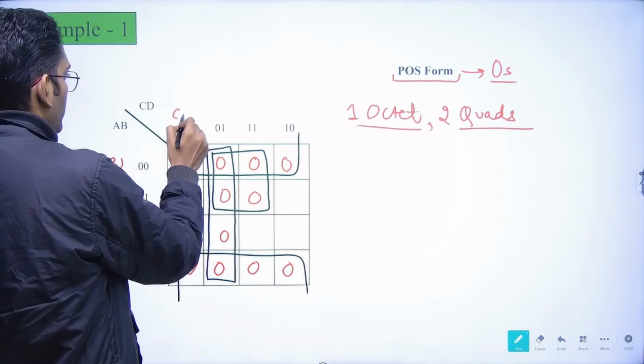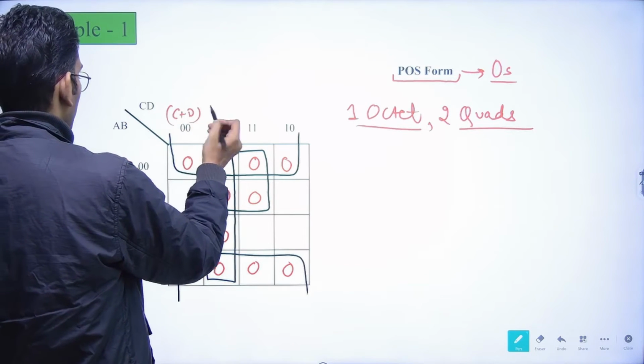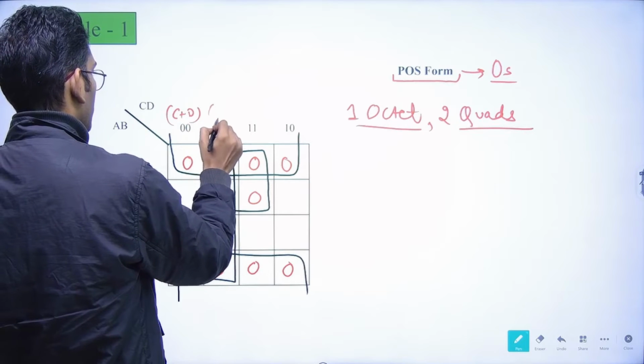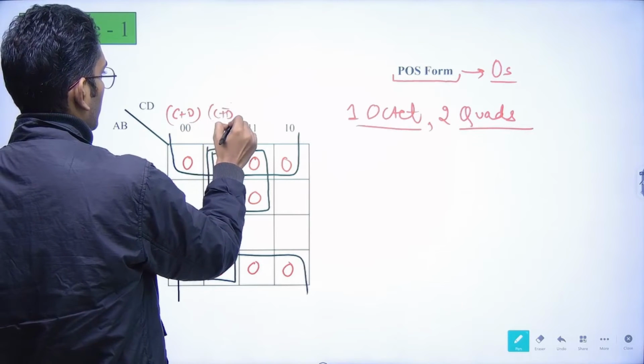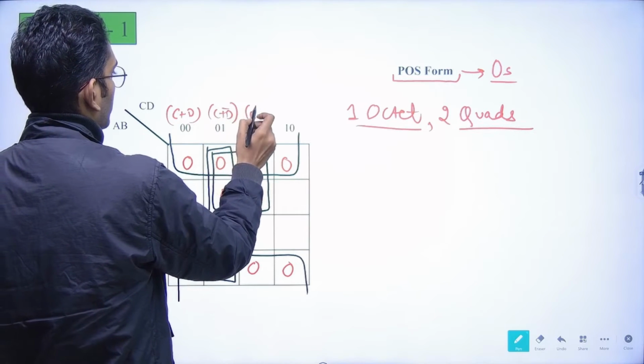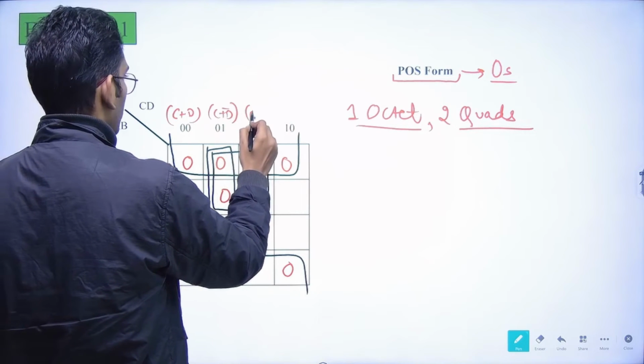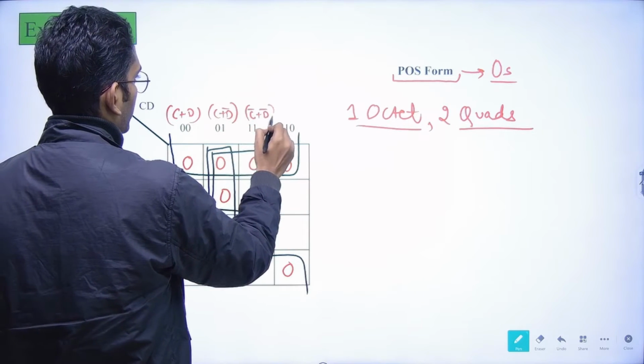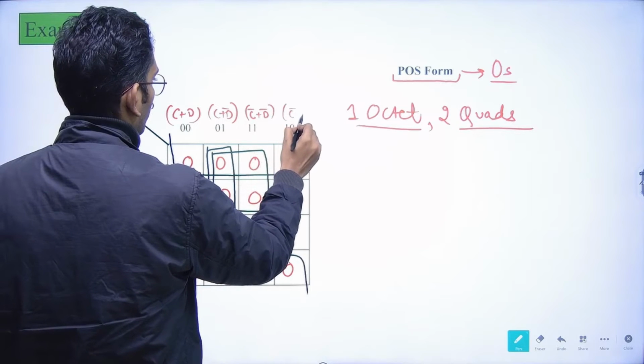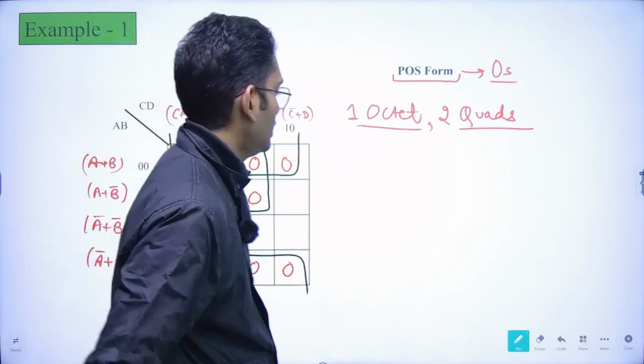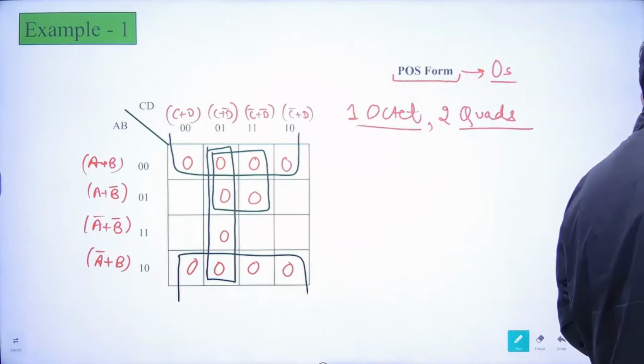Now here it would be C plus D, or C plus D complement, then C complement plus D, and this would be C complement. Fine. So these are the things.